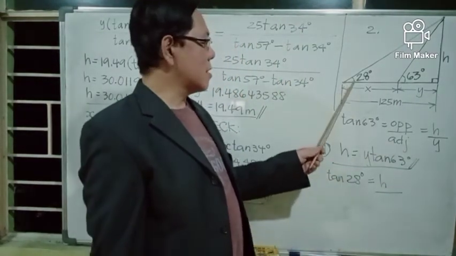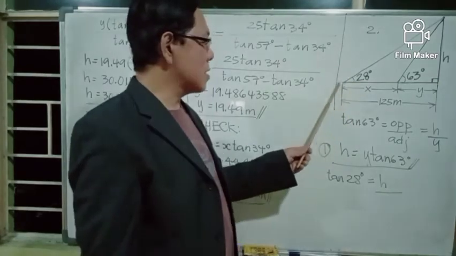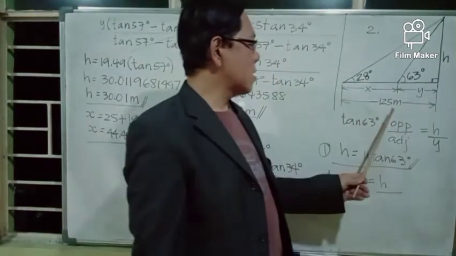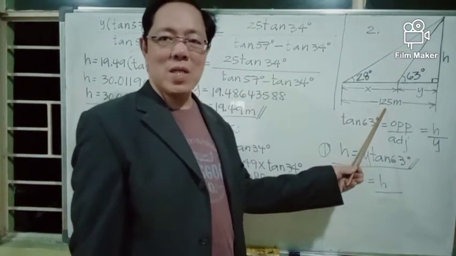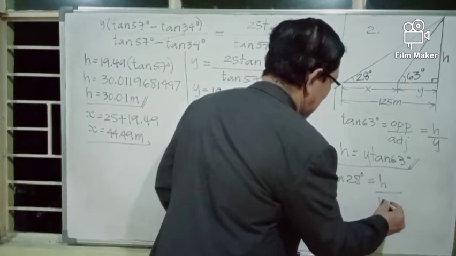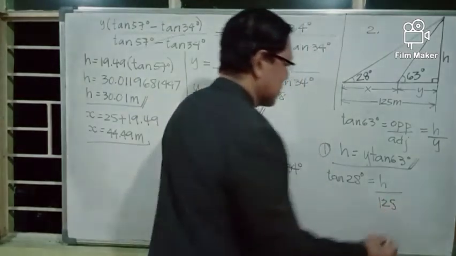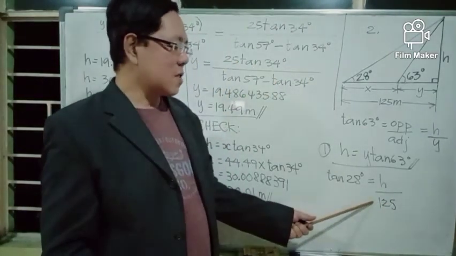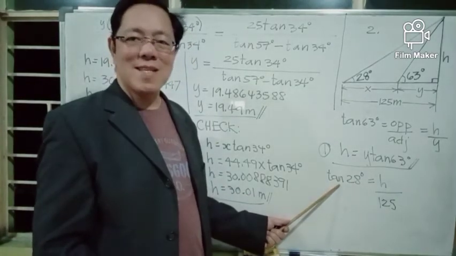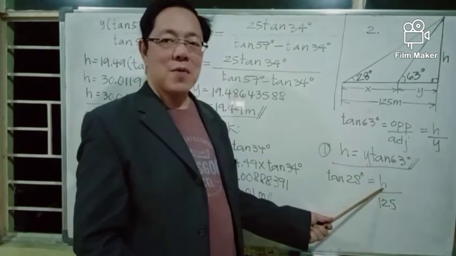The side adjacent to 28 degrees is this longer side whose length is 125 meters. Hence, by cross multiplying 125 by tangent of 28 degrees, we find the value of h.